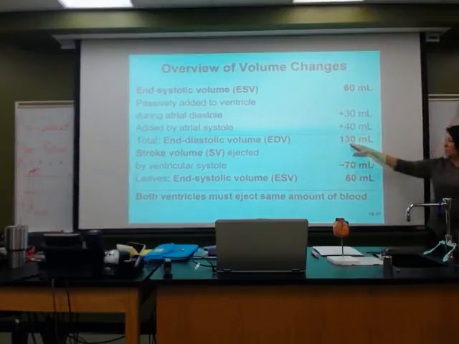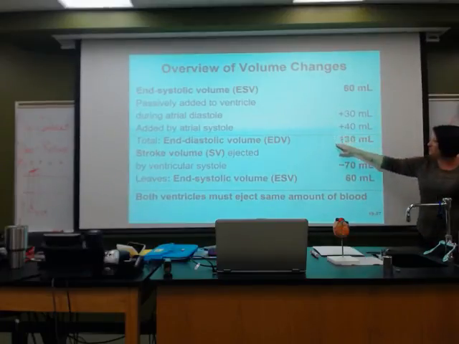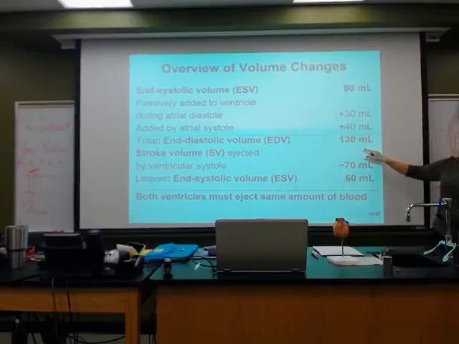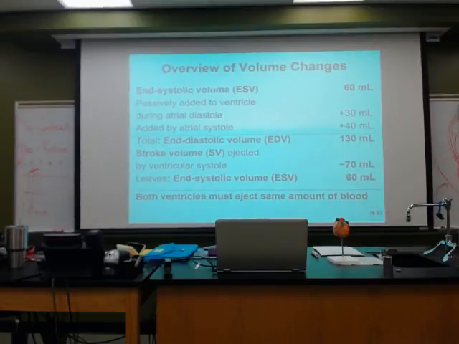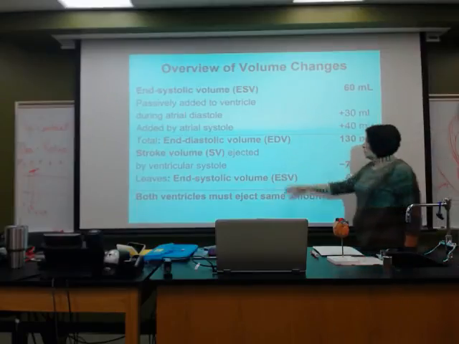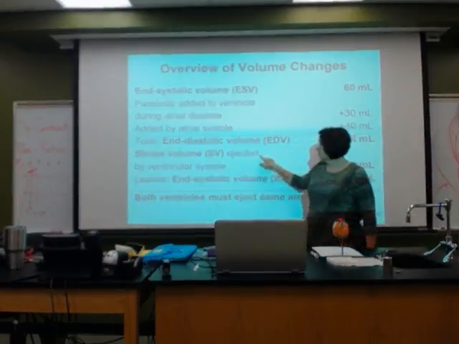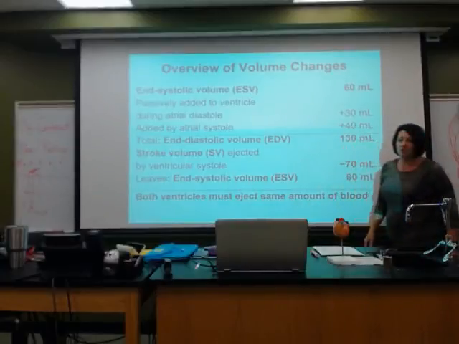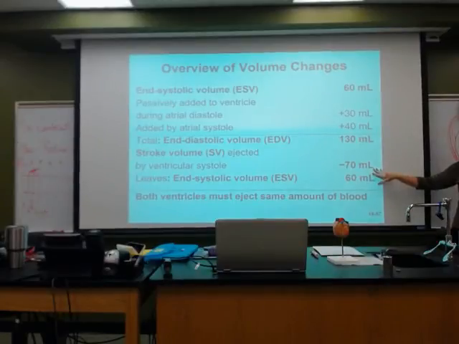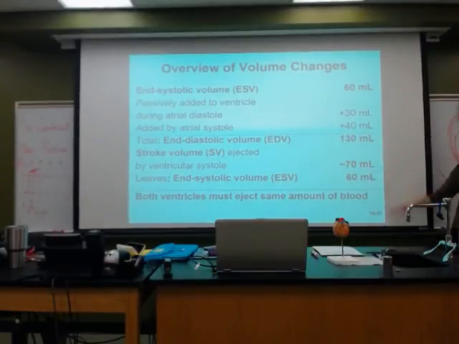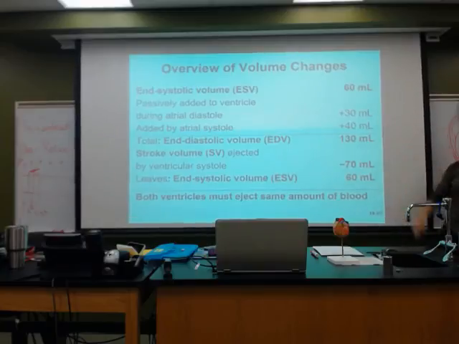So, at the point when we look at the full volume in the ventricles, roughly 130 milliliters. When we are looking at ventricles and the ejection of the blood that needs to take place, the stroke volume, what gets ejected when those ventricles contract, roughly 70 milliliters gets ejected out. 70 from 130 is 60 milliliters, which is what we started with.